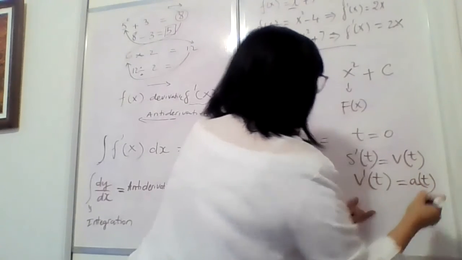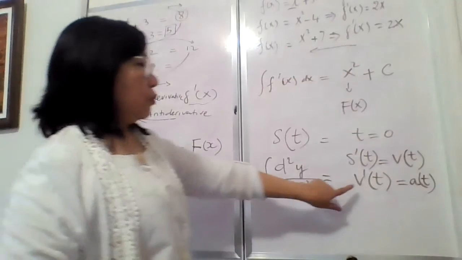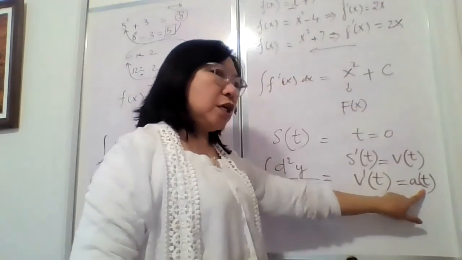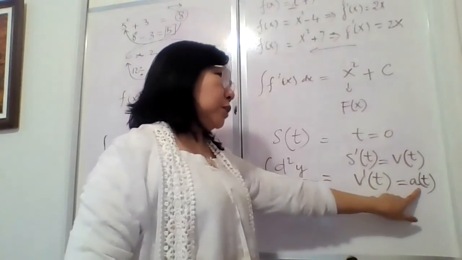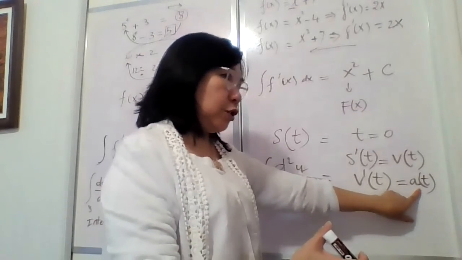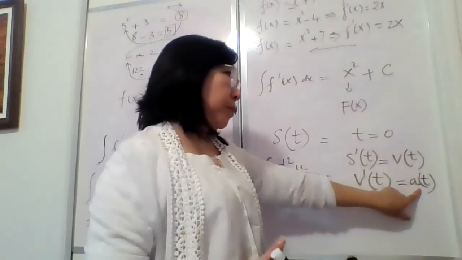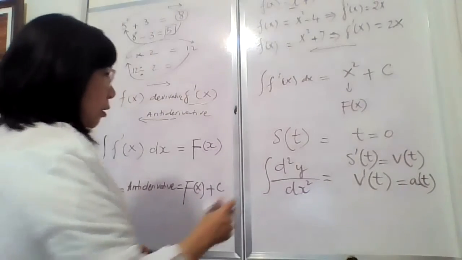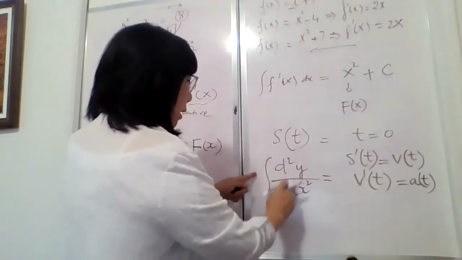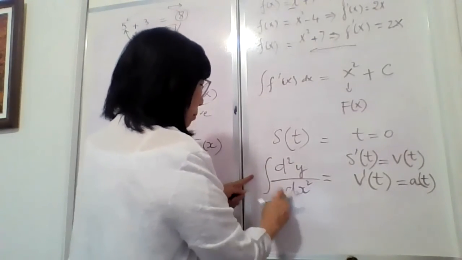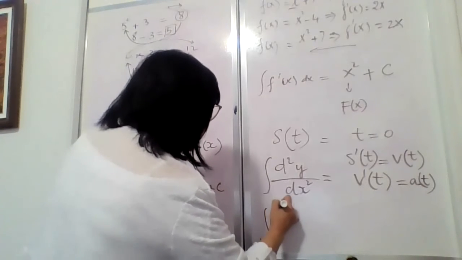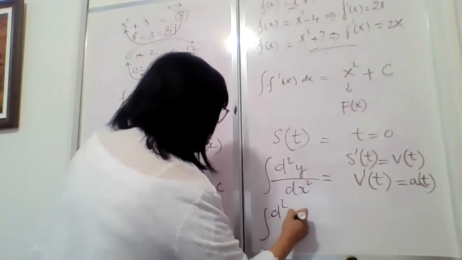So if you take the derivative of velocity, it will give you the rate of change of velocity with respect to time, which becomes acceleration or deceleration, but we just put a for now. Acceleration. So this is the second differential equation because you have to do anti twice to get back to the original.